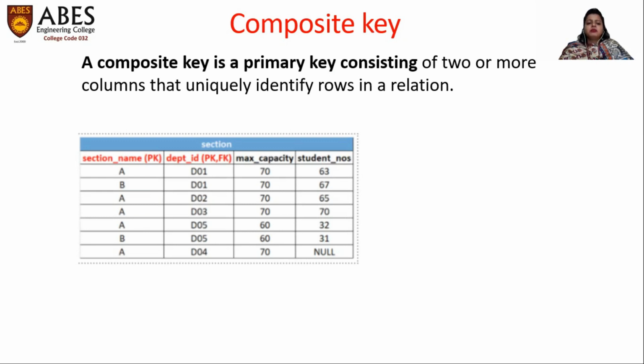Section A is repeated, section B is repeated. Similarly, department ID is also repeated. Here you can see that D01 is repeated, and D02, D03, D05 are repeated. So this cannot be the primary key alone. In that case, you need a composite primary key, which is a combination of more than one key.